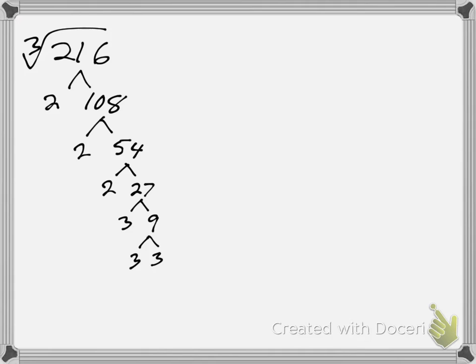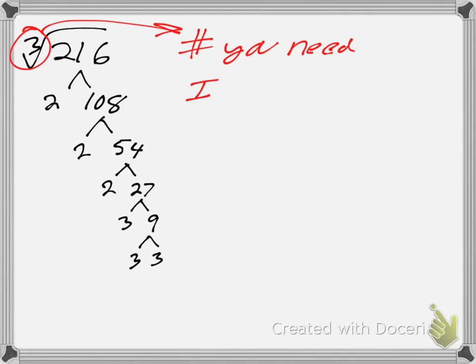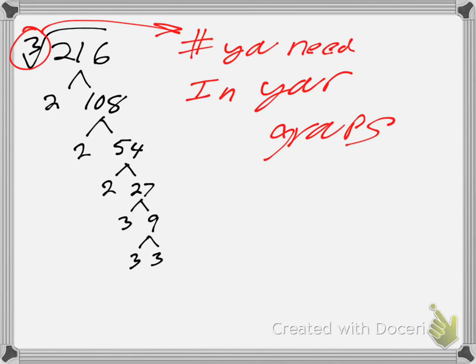Today, we're doing the cube root, not the square root. That 3 tells you the number you need in your groups.